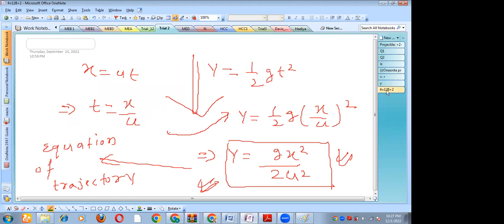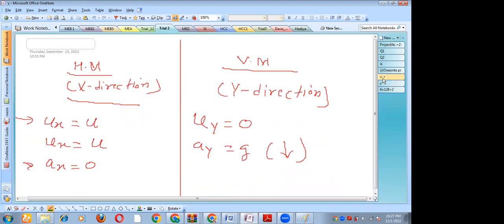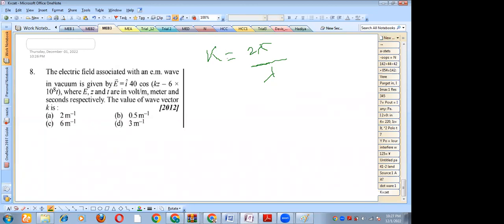Basically, you have to compare the given equation with the standard equation, like what we did in 11th class waves. The standard equation is E equals E naught cos (kz minus omega t). You can also write cos and sine, the similar thing.